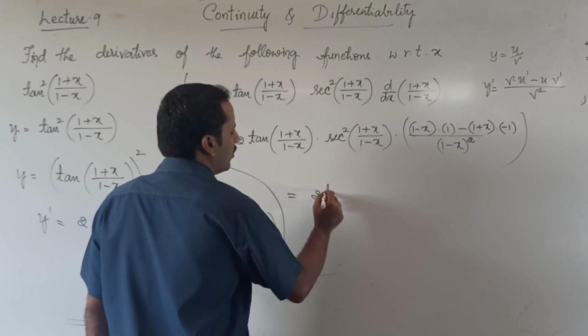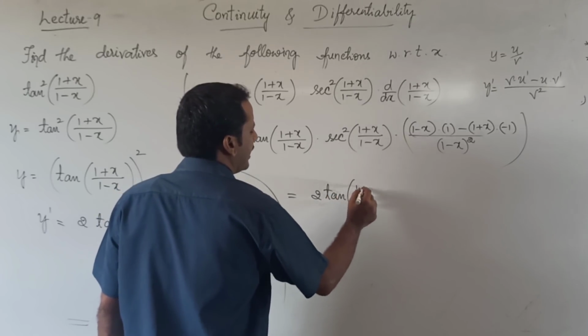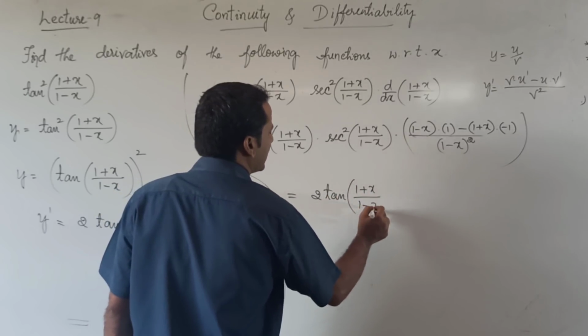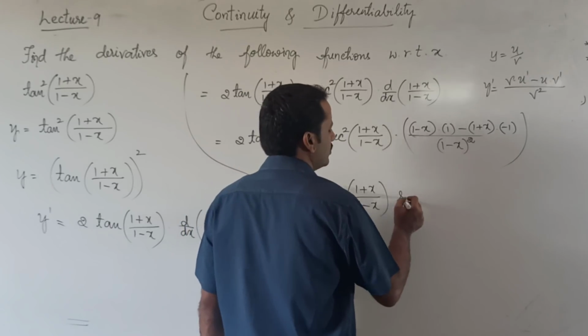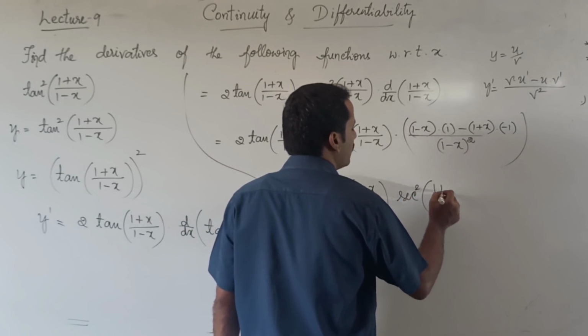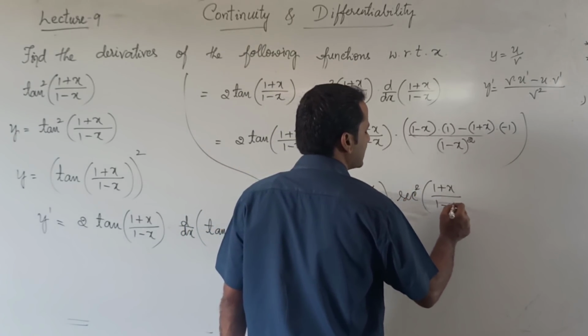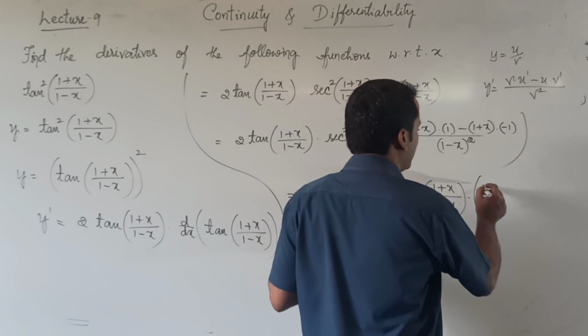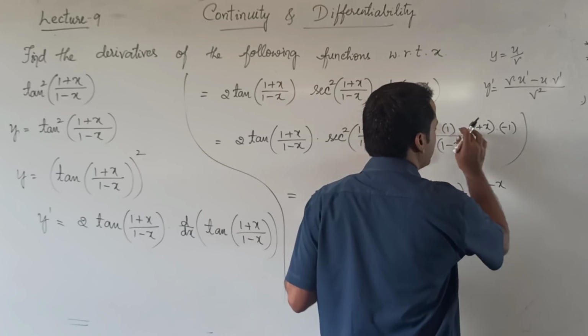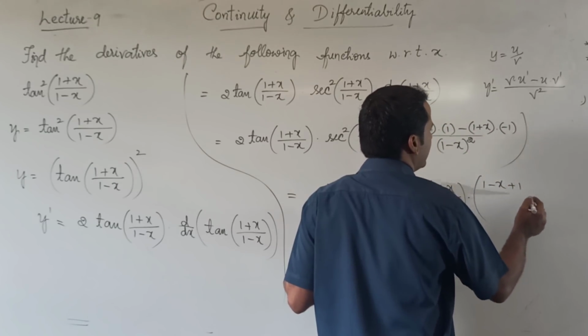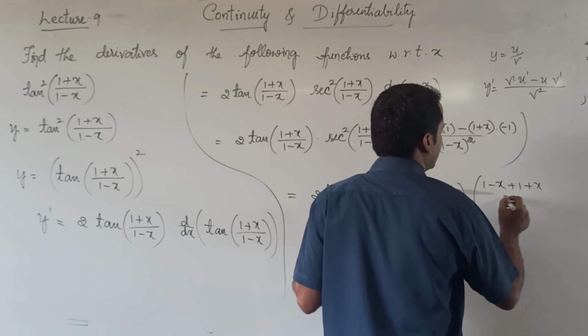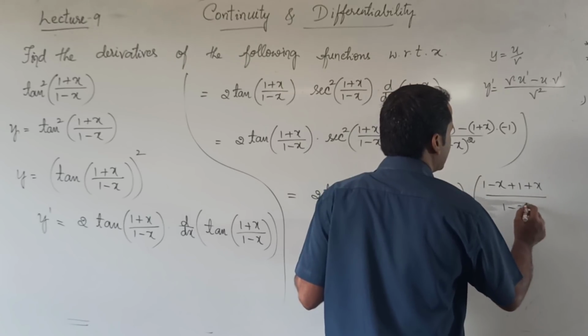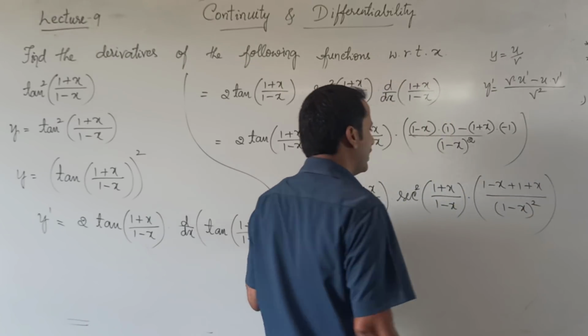This is equal to 2 tan (1 plus x by 1 minus x) into secant square (1 plus x by 1 minus x) into, here, what happens when you simplify? 1 minus x, minus into minus is plus, 1 plus x, divided by 1 minus x whole square.